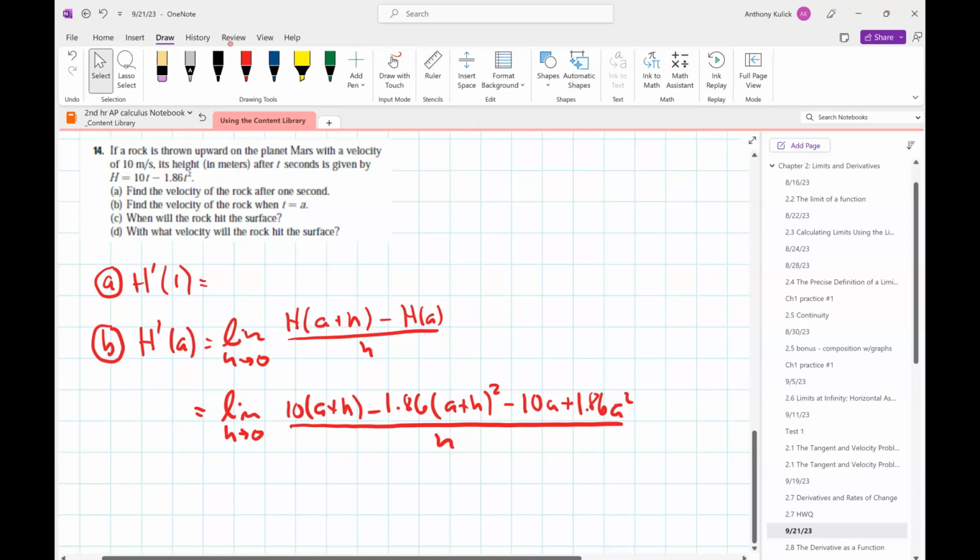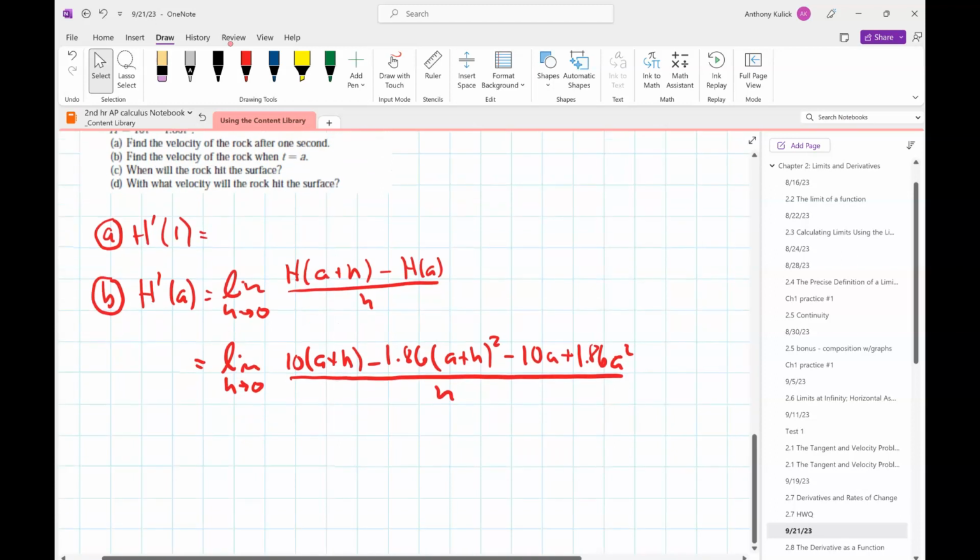Everybody okay with that? Notice I flipped the signs on the h of a piece because I distributed the negative. I didn't write it out, I just did it. Everybody's okay? All right, let's do some foiling and stuff.